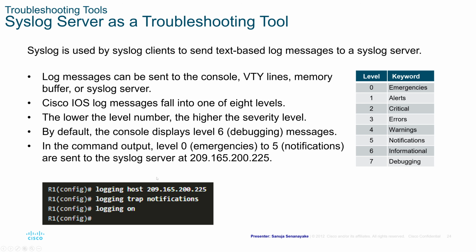This is a command output right here, and when you issue the logging host command with the IP address, by default Cisco IOS sends all the messages from 0 to 5 directly to the syslog server and they would not be saved in the buffer itself. Otherwise, they would be in the Cisco device buffer, and you can view them by changing the configuration on the Cisco IOS.